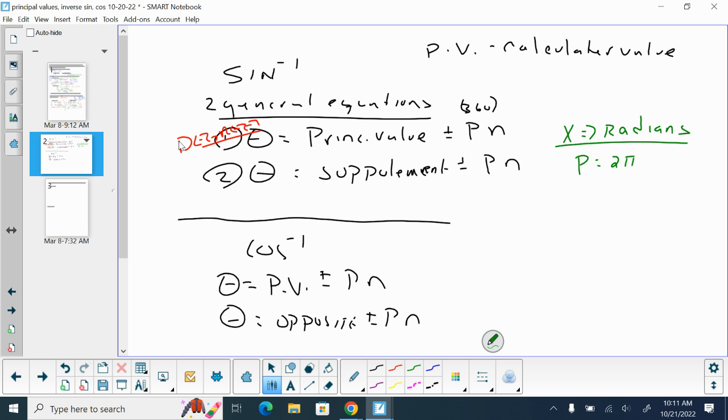Once again, that's going to change once we get to Monday, and I'm going to get you a little bit more involved equation. How do we find the supplement? We have pi, or 3.14, minus the principal value. Rather than 180 minus the principal value, it's now pi minus the principal value.